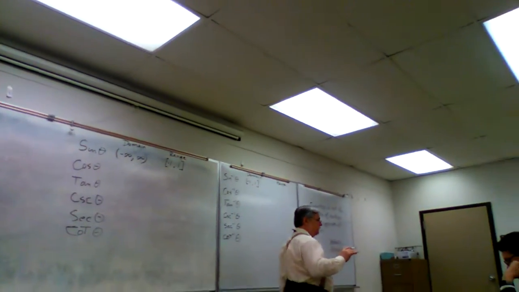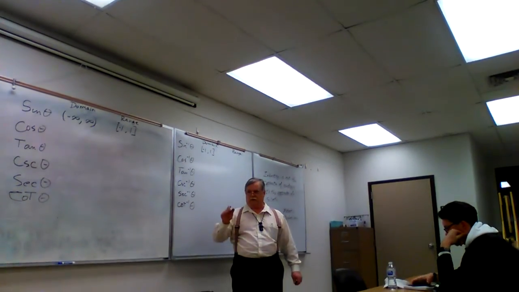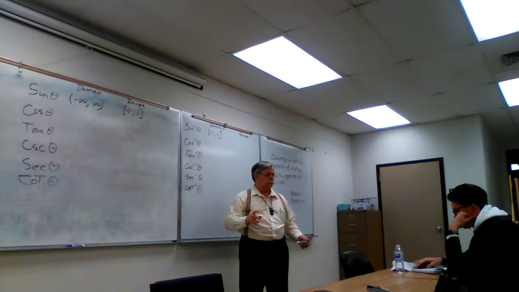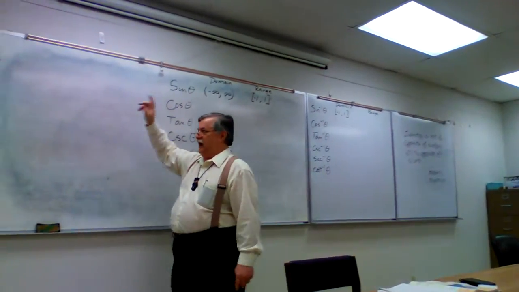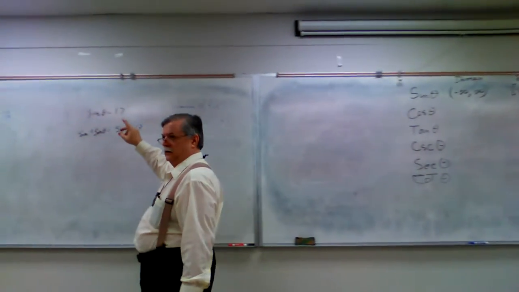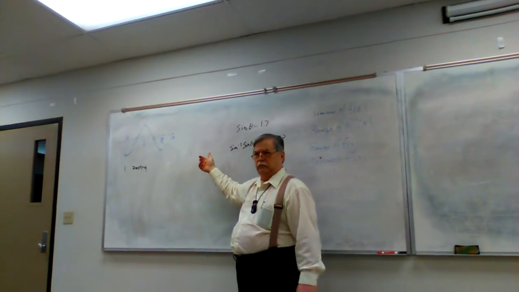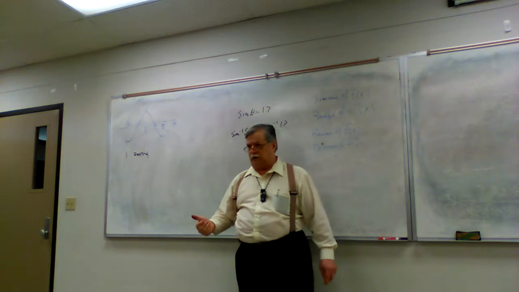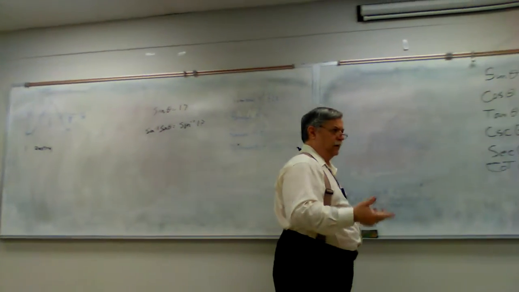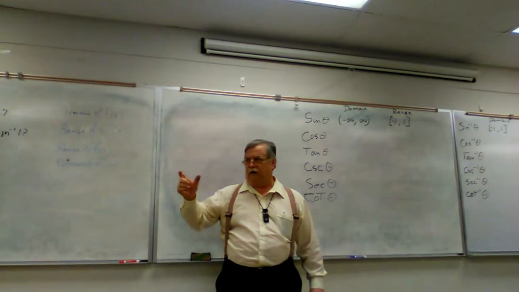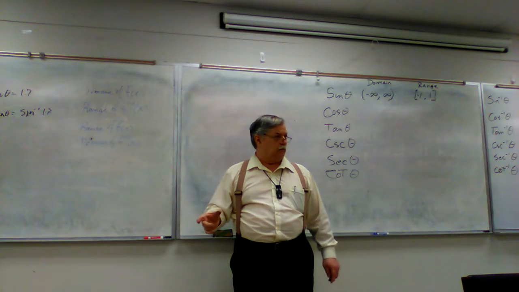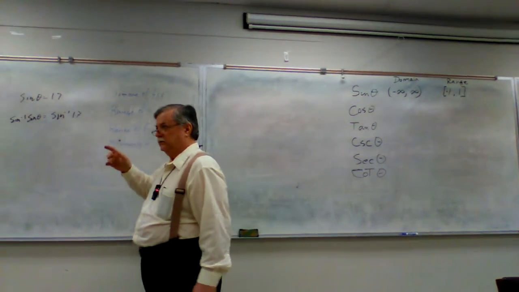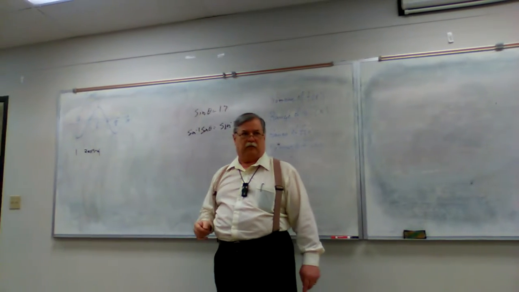Everybody, help me recite this, because this is important for you to remember. When you take the inverse sine of a number, what is the result? The inverse sine of a number is an angle whose sine will give you that number.